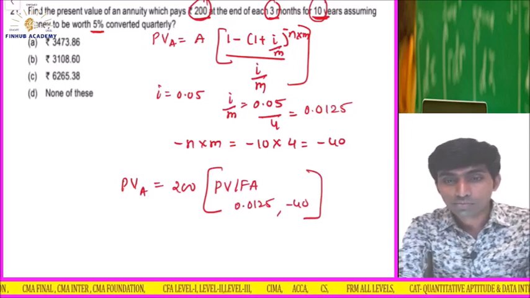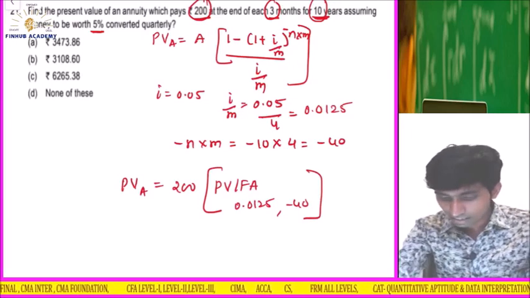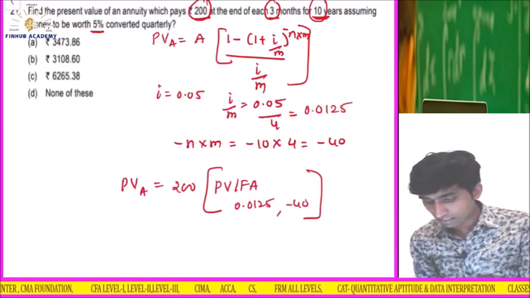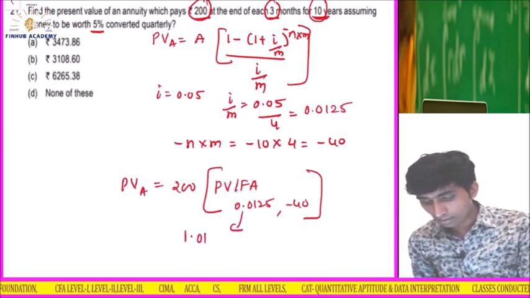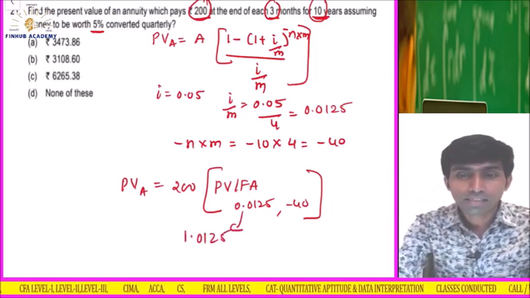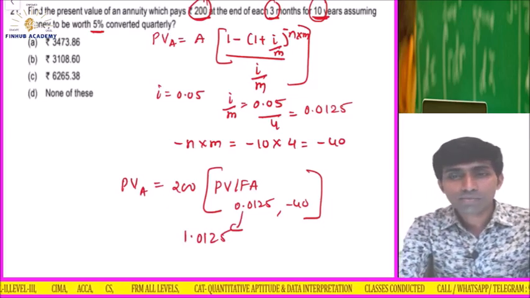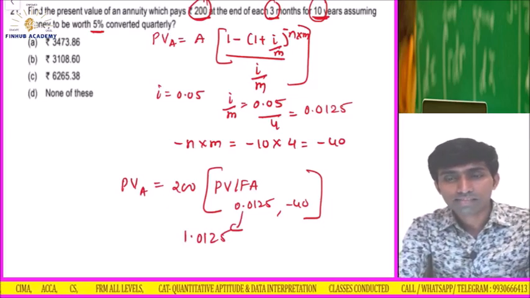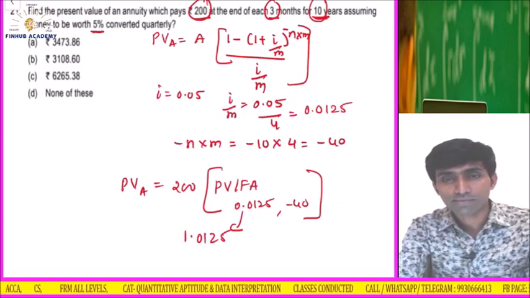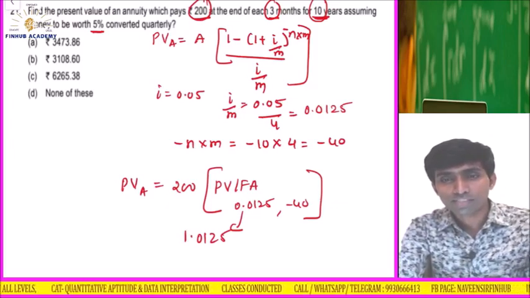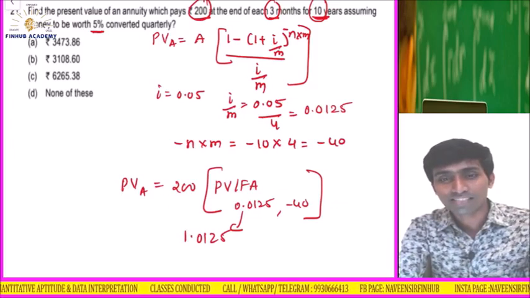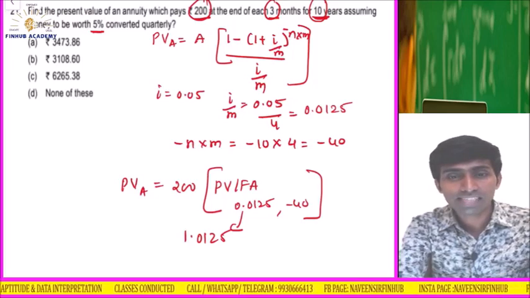Let's check if we can get the answer. So what I will do is take 1.0125, divide equals, 40 times, 1, 2, 3, up to 40, and then GT.